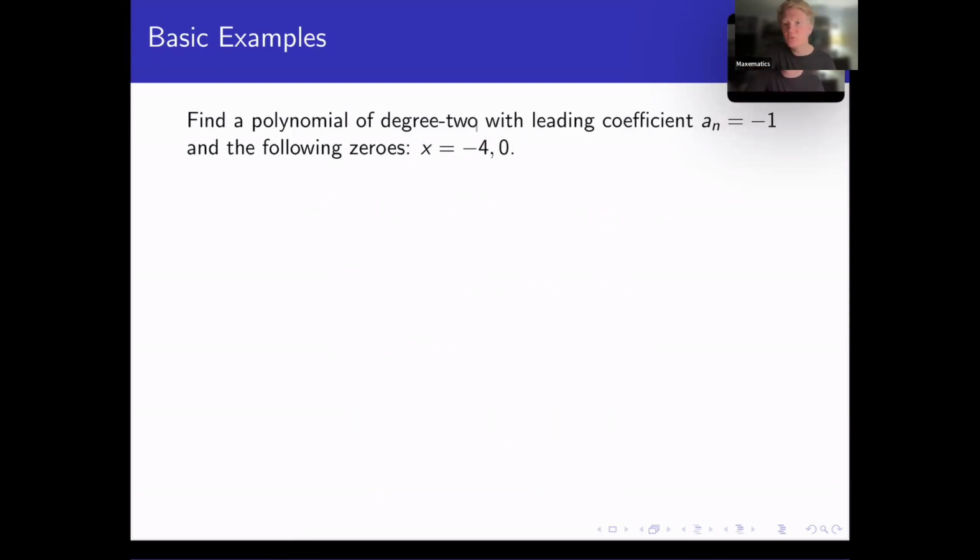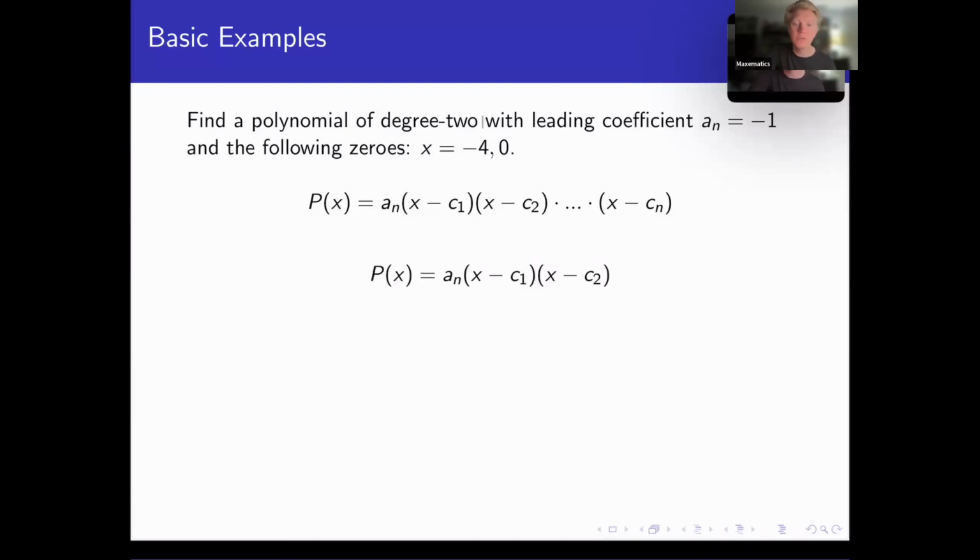Okay, degree 2, leading coefficient -1, and zeros -4 and 0. Okay, so factorization theorem says this, but since we're degree 2, we're only going to go up to x minus c2. Well, our leading coefficient is -1, our first zero is -4, and our second zero is 0.